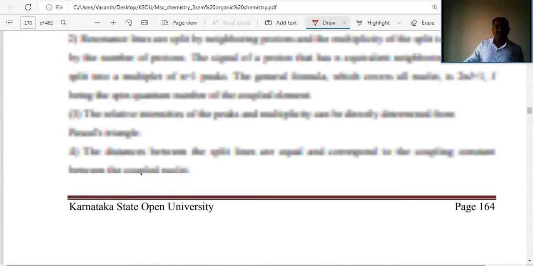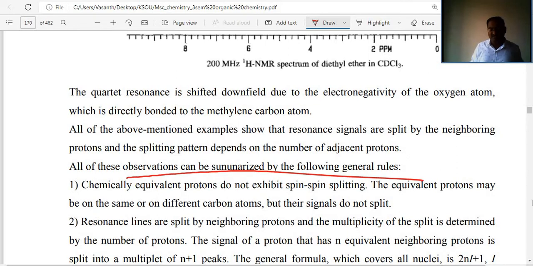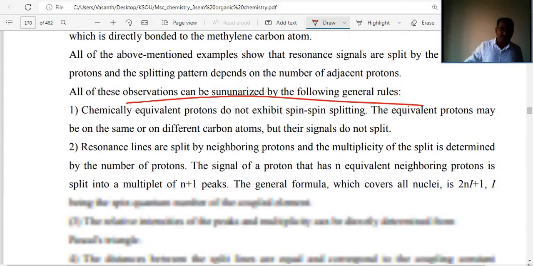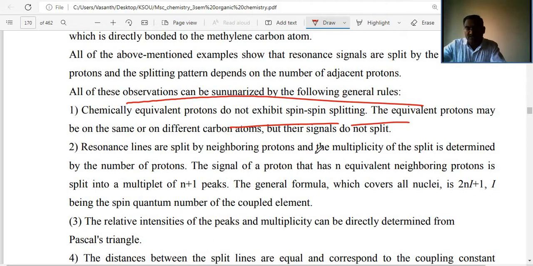Next we consider this. To summarize, we have the following general rules. Chemically equivalent protons do not exhibit spin-spin splitting. The equivalent protons may be on the same or different carbon atoms, but their signals do not split.